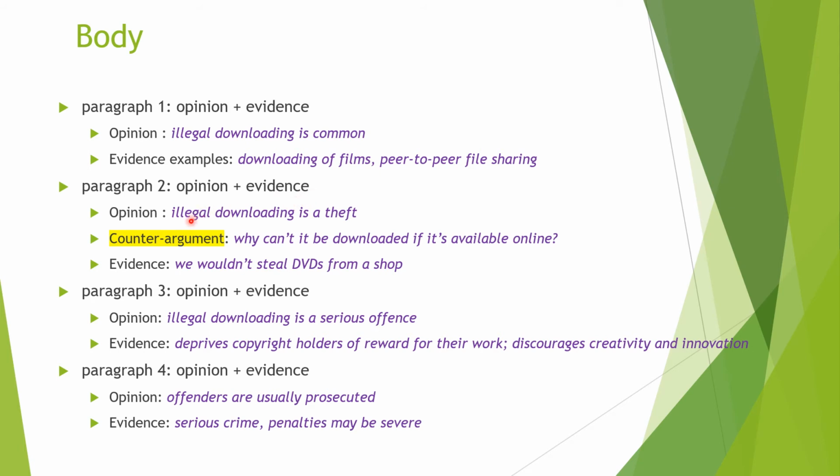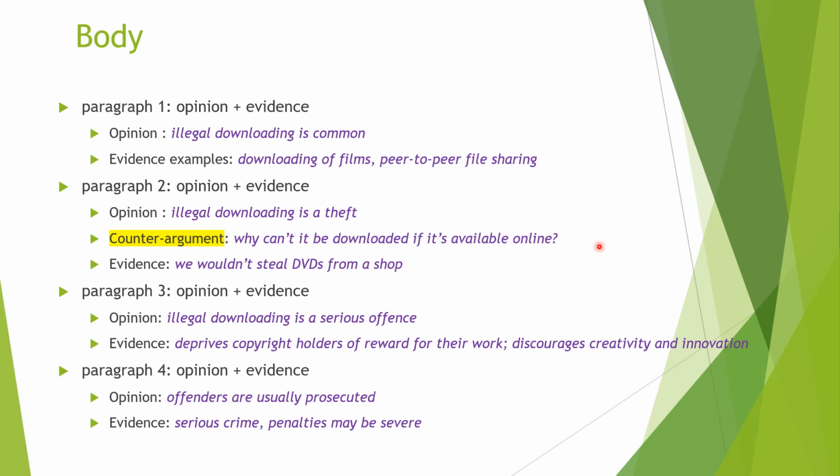Another opinion is that illegal downloading is a theft. This is your opinion because you need to convince the audience that downloading and sharing copyrighted material is wrong. It is wrong because illegal downloading is a theft. Of course, you can also add some counter arguments. An example is, why can't it be downloaded if it is available online? Since it's there, I can download it.